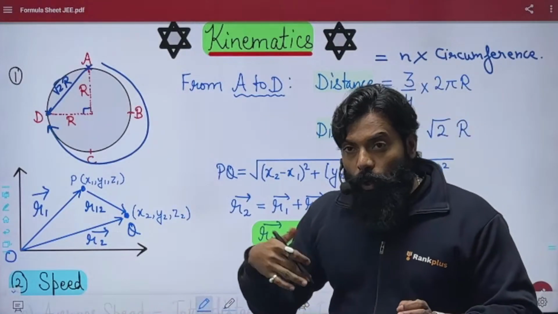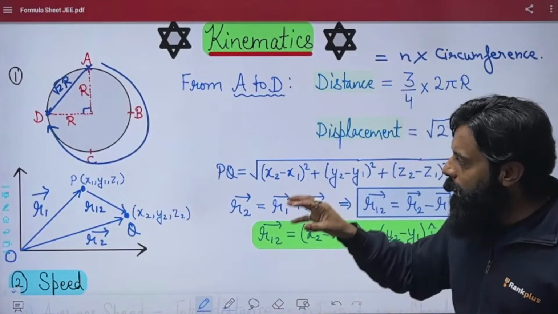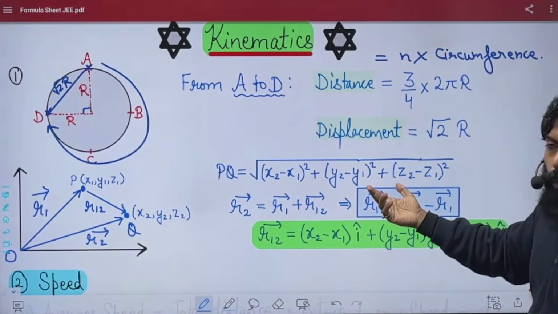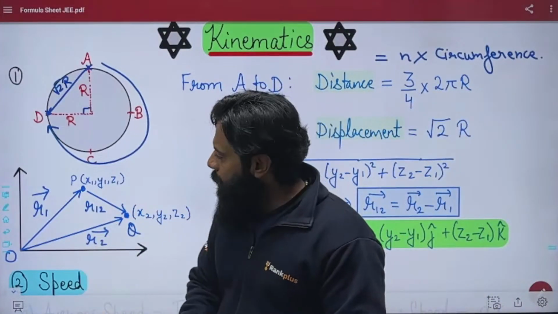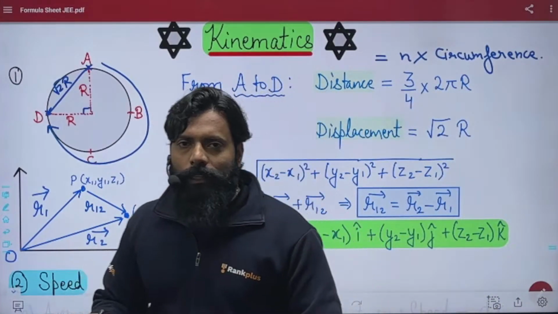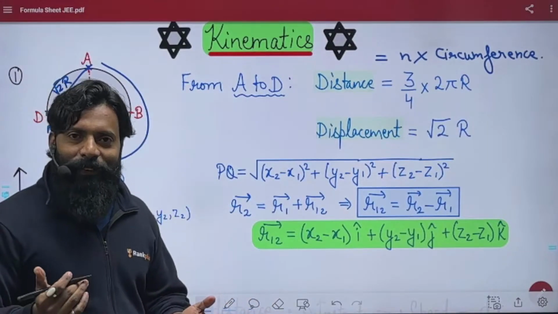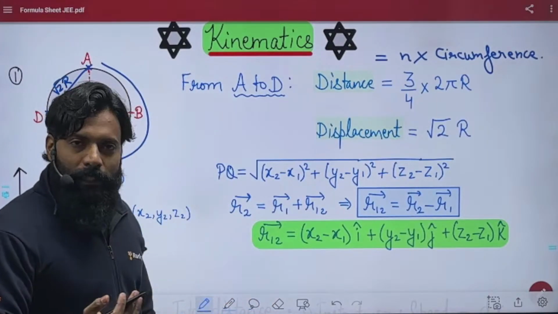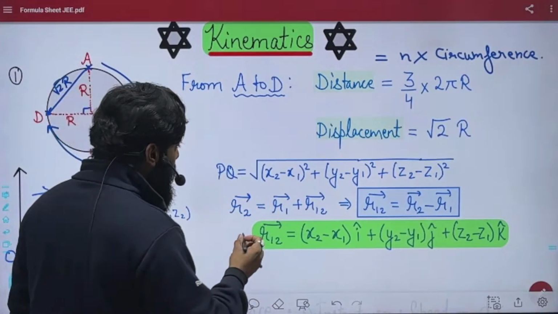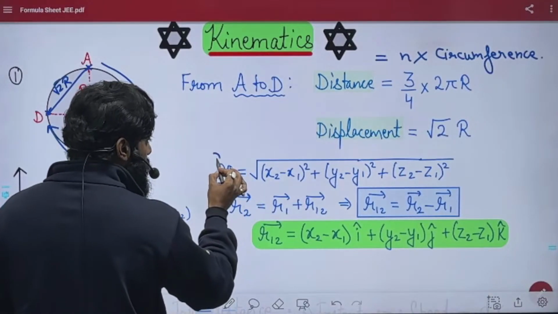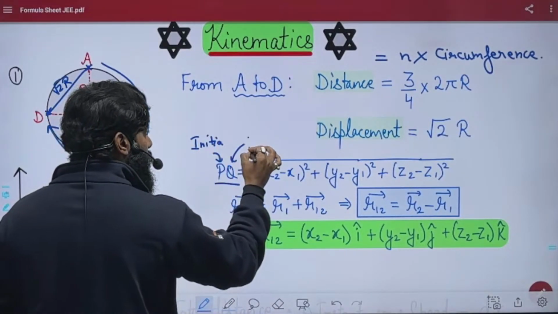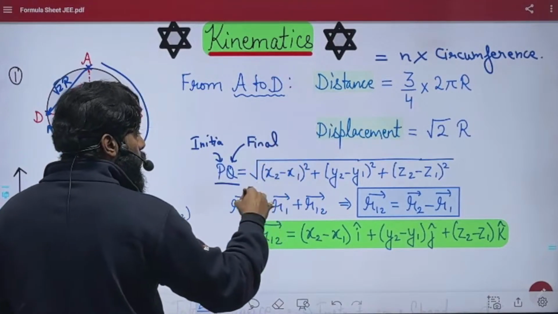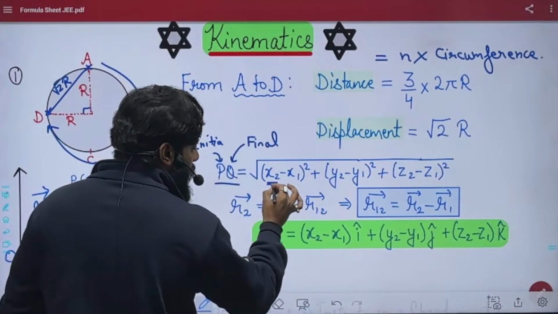It might also be possible that you get these types of questions in terms of vectors. If the question comes in vector form, you have to find the r1 vector and the r2 vector. To find the displacement vector, we consider P as the initial point and Q as the final point, so we take final minus initial.